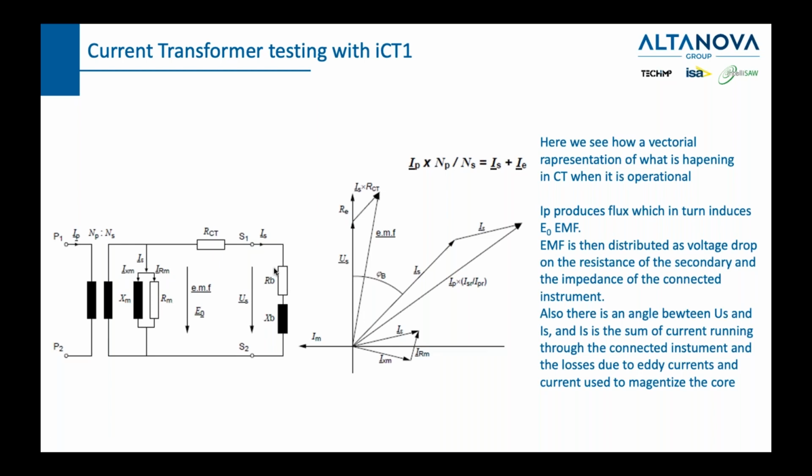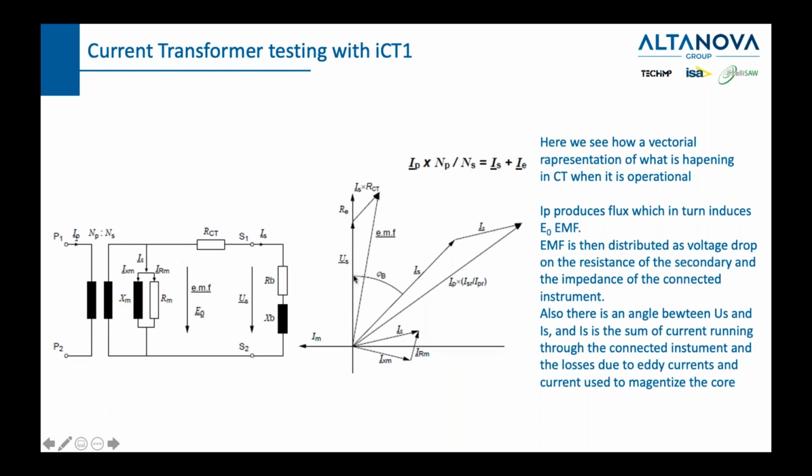And here we have the impedance of the connected relay or energy meter. So what we do, if we draw this in one plane, we can see that we have here the voltage, which we can find here. And then if we add to that voltage the voltage drop here, we get the electromotive force, which is here.